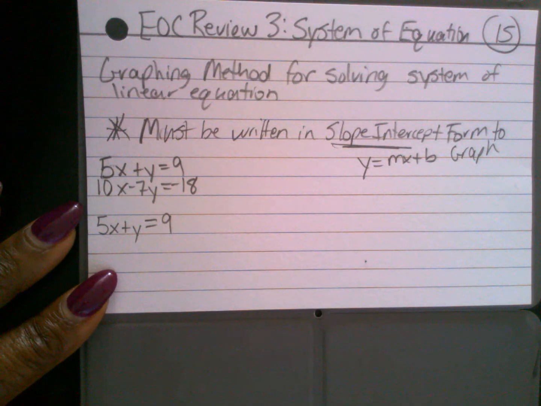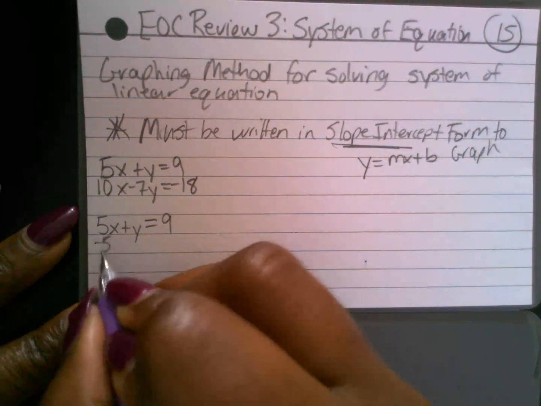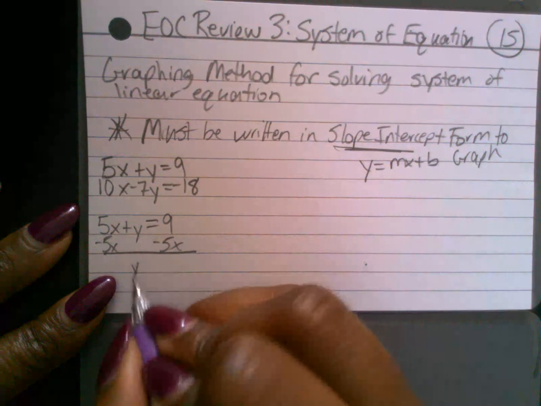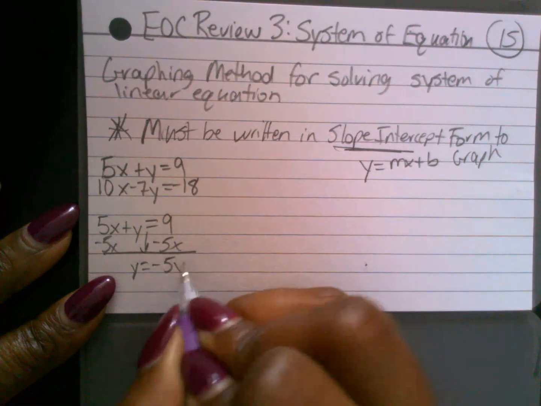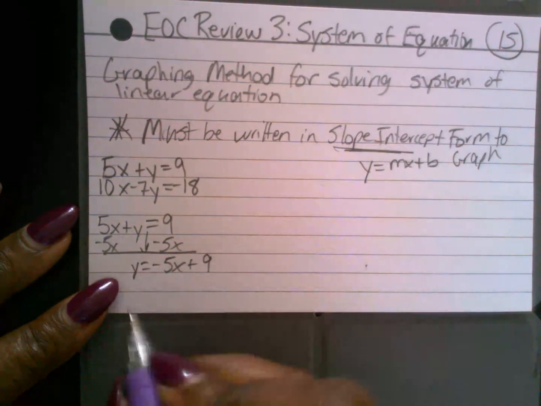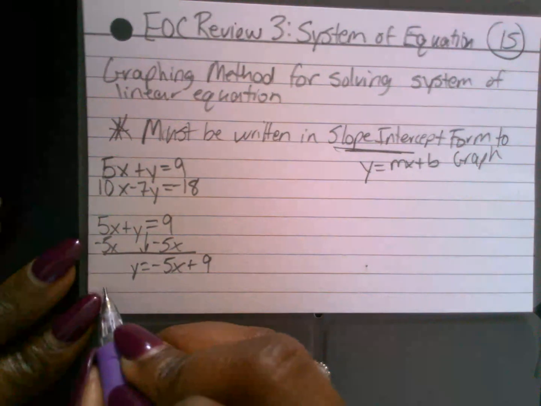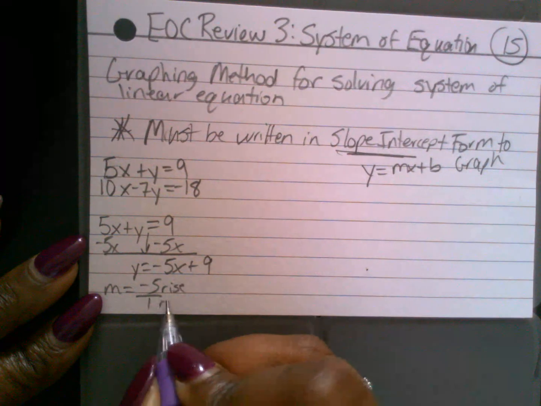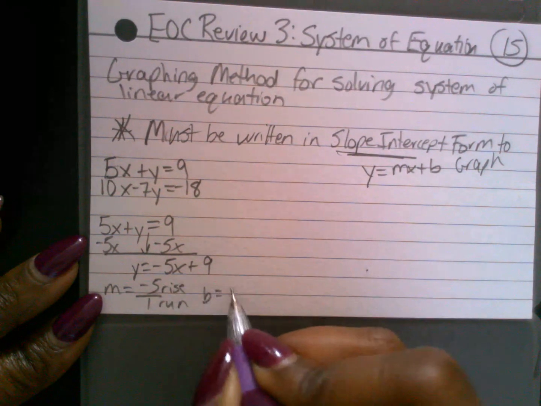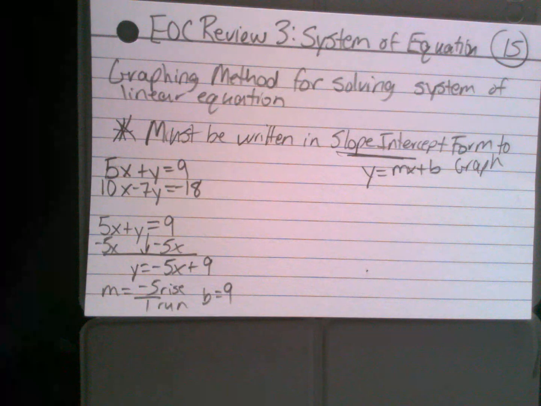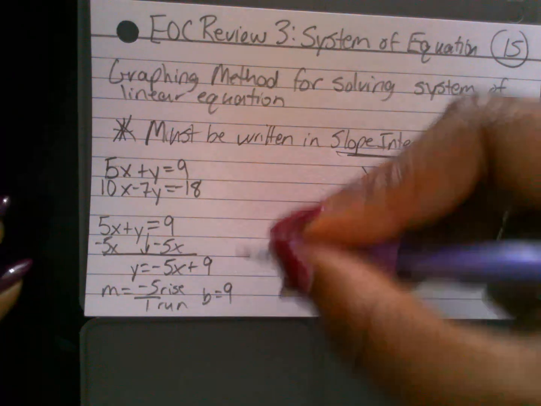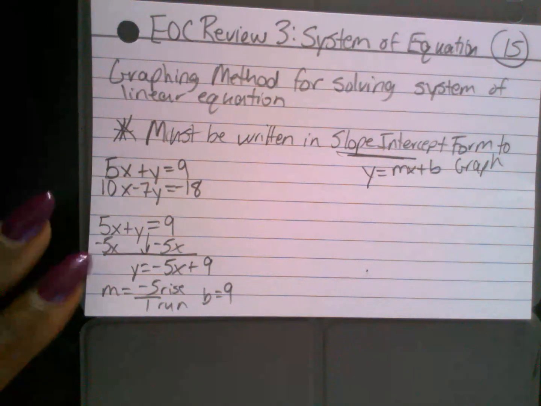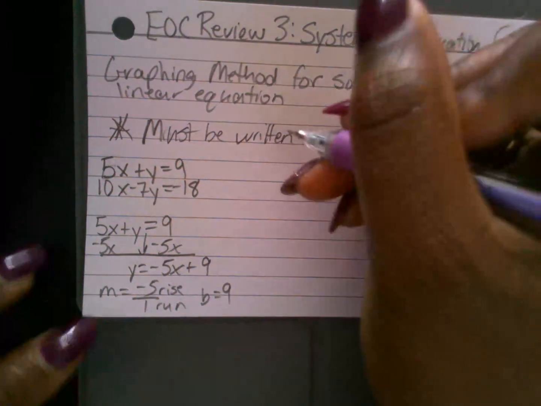In order to write this in slope-intercept form, I've got to subtract the 5x on both sides. This gives me y is equal to negative 5x plus 9. Now you can graph this because your m is negative 5, negative 5 over 1, rise over run, and b is 9. Find 9 on the y-axis. Use rise over run to put points on that line.